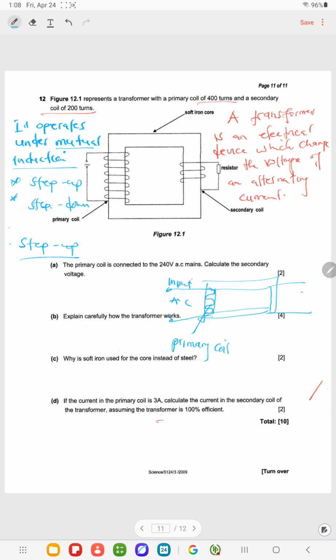Then here it is called the output, and it uses alternating current. According to this statement, we want to show that it is a step-up transformer. To identify that, the number of windings or turns will explain these two sides. So we have the secondary coil.